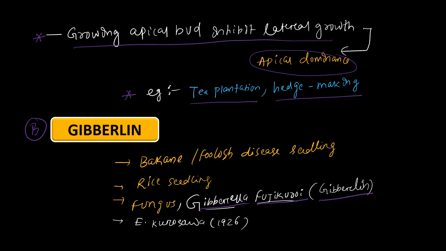This Gibberella fujikuroi creates a disease in rice, known as Bakanae disease or foolish seedling disease, in which the fungus affects the rice. The scientist Kurosawa discovered gibberellin in 1926.